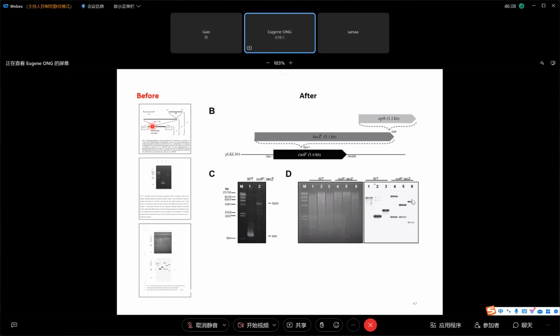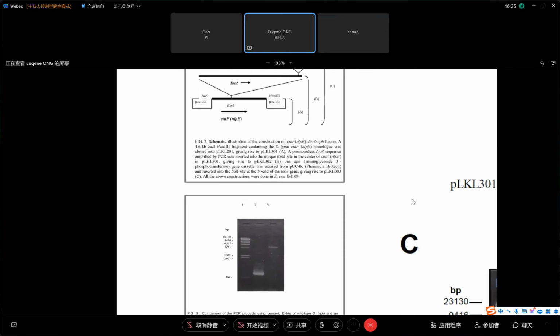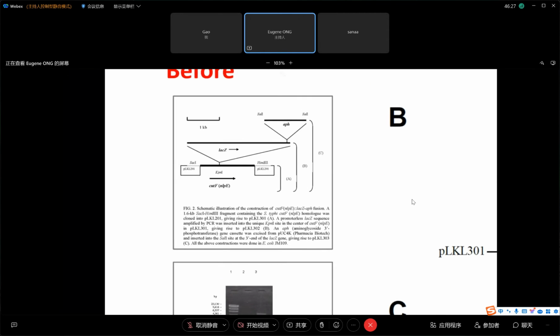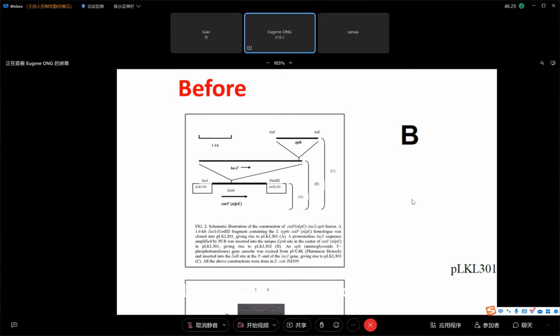Just like what I said, there are many steps going on here. Of course, all of them are important. But what does the audience need to know? If you put it like this, it's still the same information.